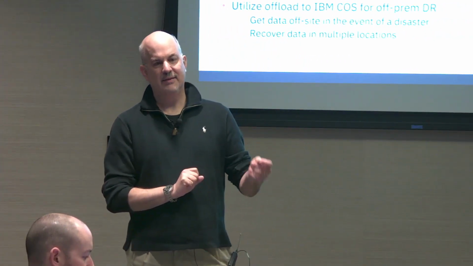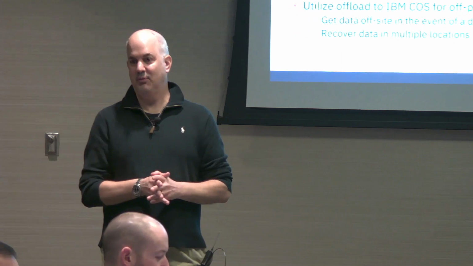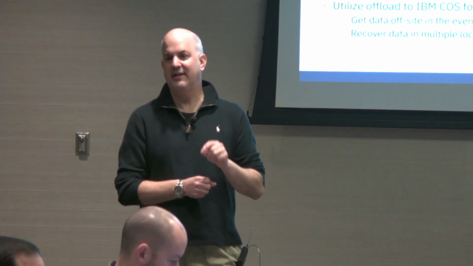And the difference here with the immutable object storage is when you go to define a policy and say, I want to push stuff off on a weekly basis into cloud, and I want to keep it for 6 months, if the target is one of these retention-enabled vaults, and that retention has been set to 2 years, the COS is going to come back and say, you can't do that. If you insist on putting data in this vault, then it's kept for 2 years, period. So that's our engagement with IBM COS.